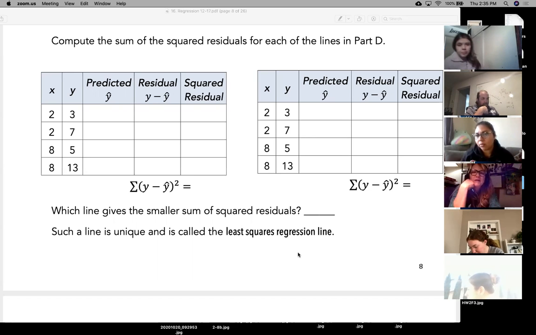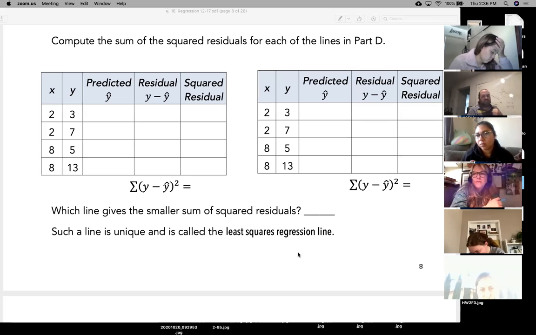Unique means they're not all the same. Like the last one we had 12, 12, 12, 12 for all the different cases, right? We weren't able to distinguish the best one because they were all 12. This technique does distinguish the best one. It gives us the best one by giving us the one whose number here is as small as possible.